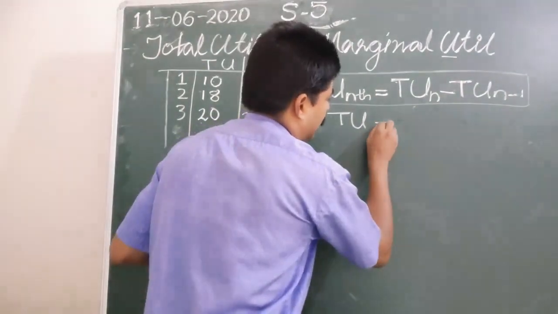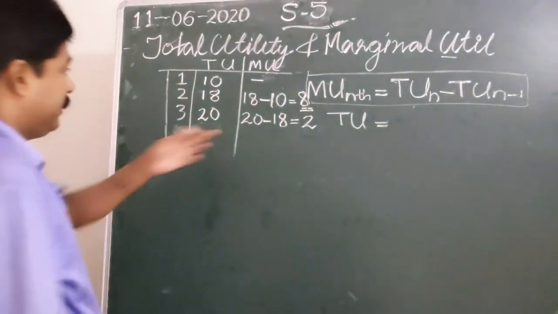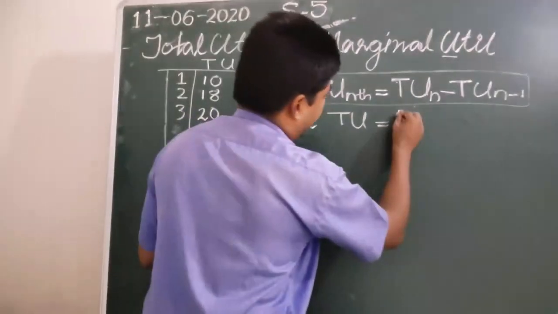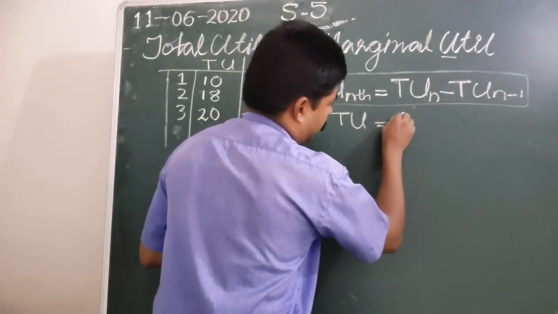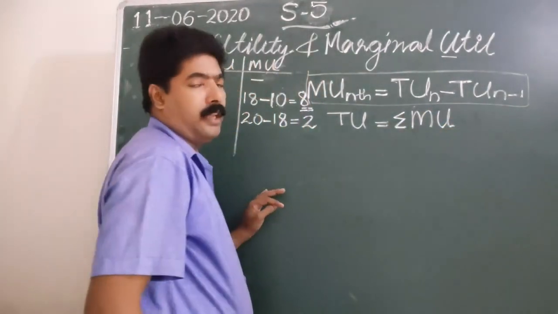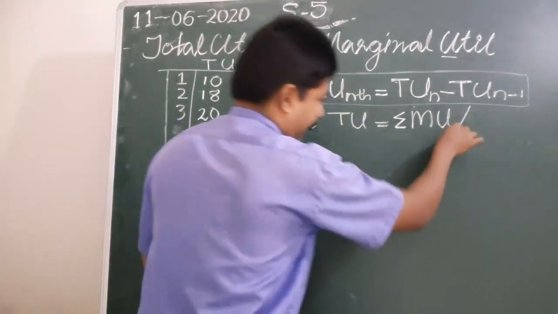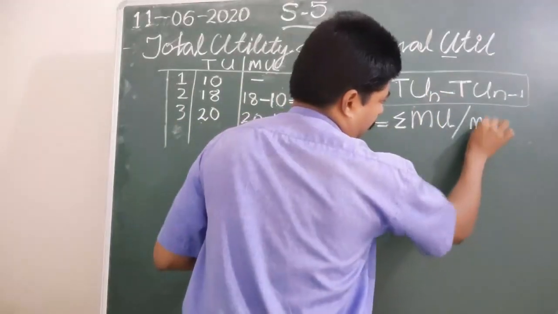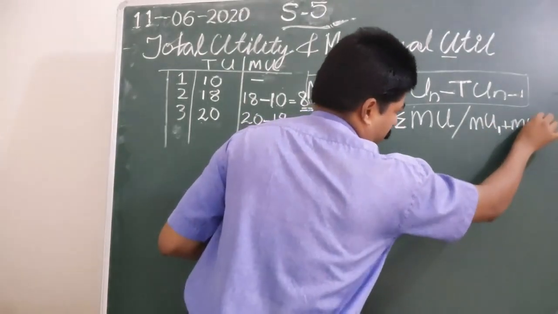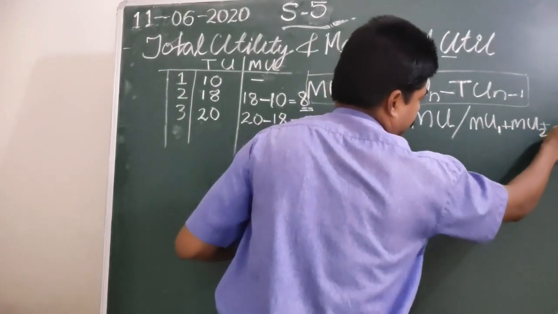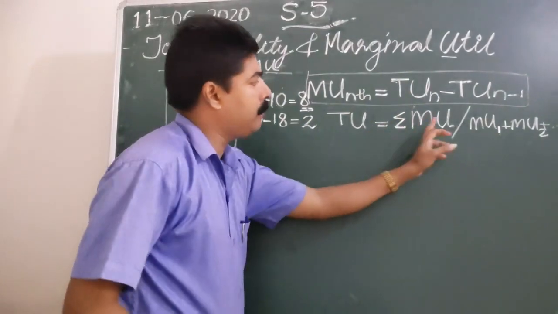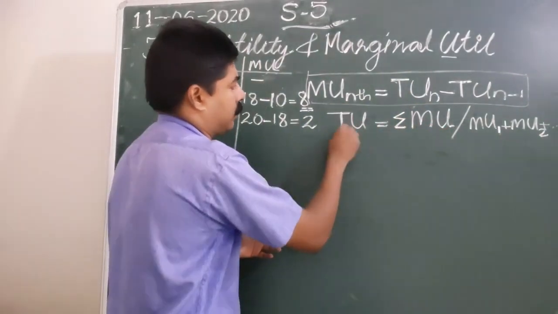Total utility is equal to the sum of all the marginal utilities, symbolically sigma MU, or we can write marginal utility of 1 plus MU 2 plus up to marginal utility of nth. The sum of all marginal utilities together is total utility.